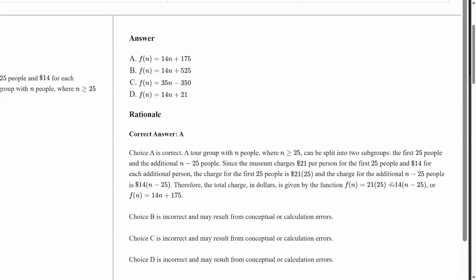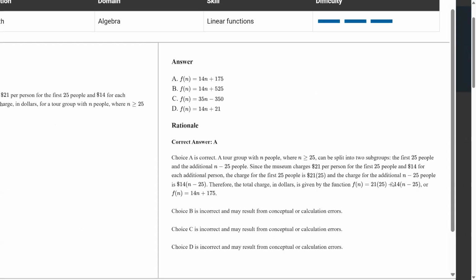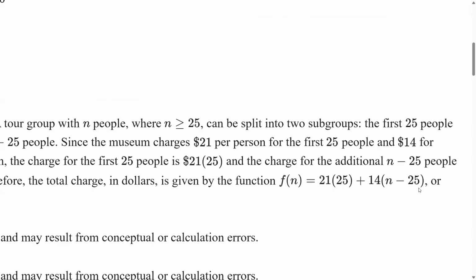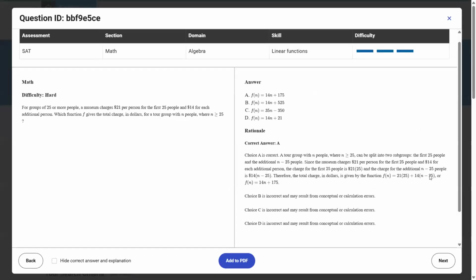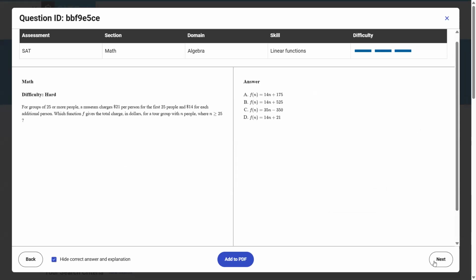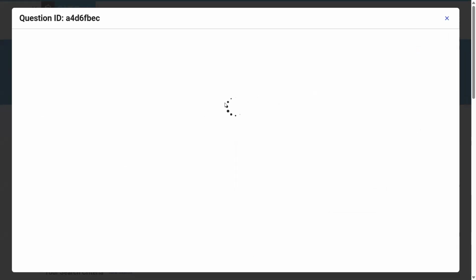Yes, because if you get 25 people, it gives you the initial. If you get less than that, and we go on. Yes, you should put n minus 25. So the answer is A.